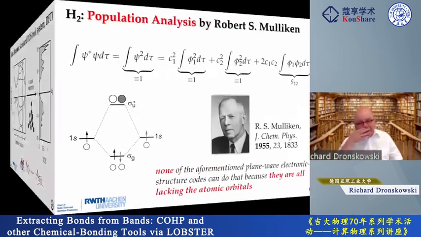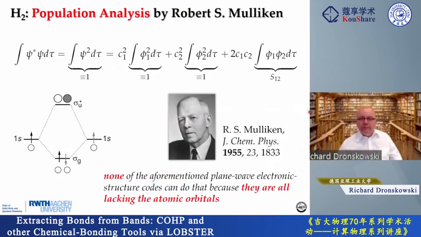So how have the chemists been doing with chemical bonding? Now we've seen the molecular orbital diagram of H2 already, and it was Mulliken many years ago, in 1955, who came up with the first population analysis. What he did was take this particular molecular orbital and square-integrate it.